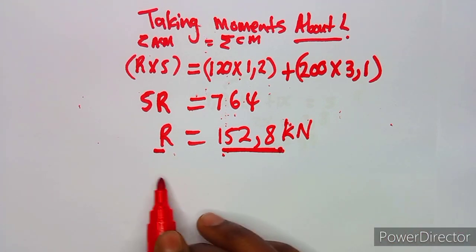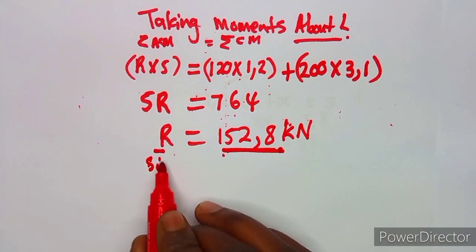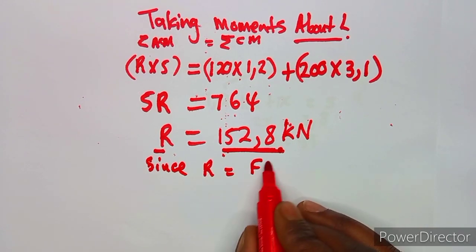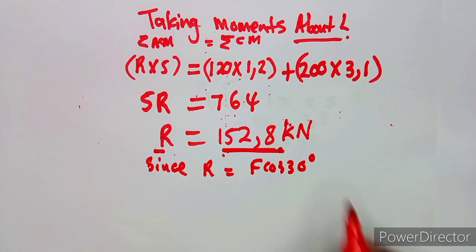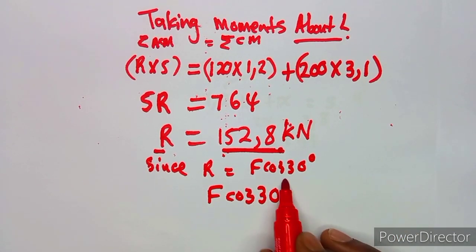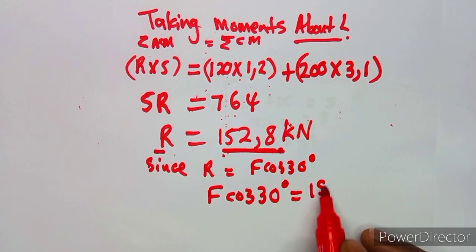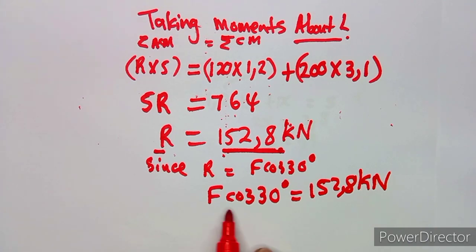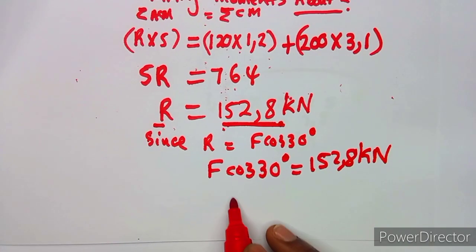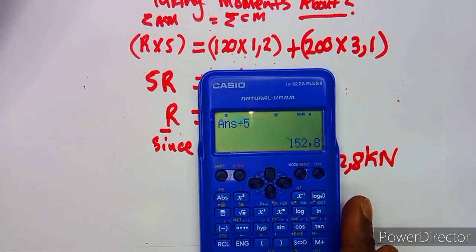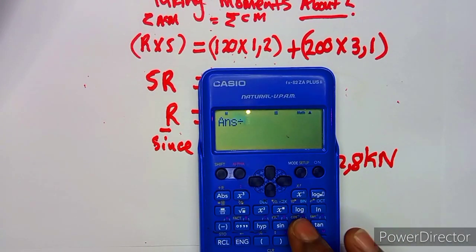So it means we are now going to say, since R is equal to F cos 30 degrees, we are going to have F cos 30 degrees is equal to the answer that we obtained, 152,8 kilonewtons, like that. So to find F, you simply divide by cos 30. So F is equal to this answer that we had, divided by cos 30 degrees.